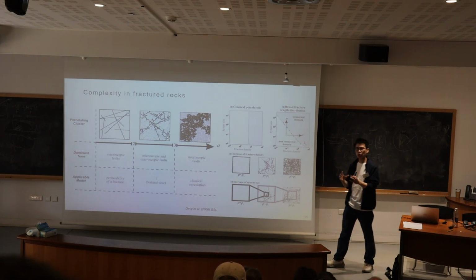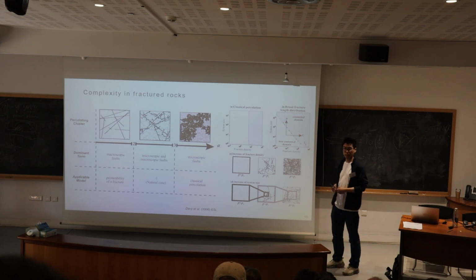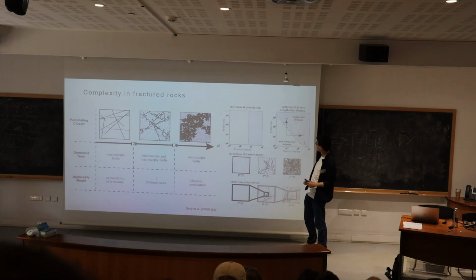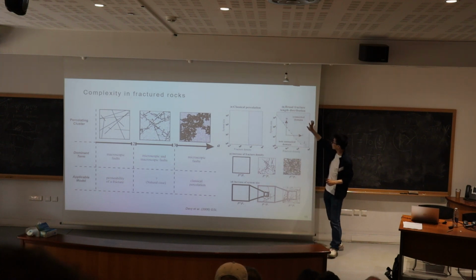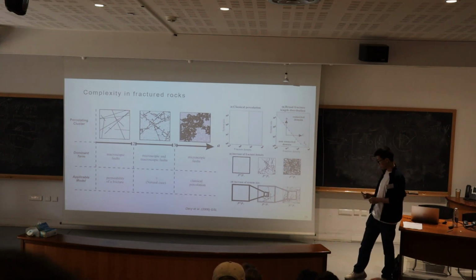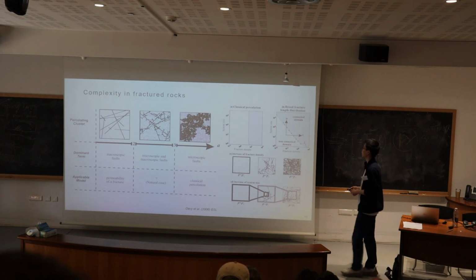We have to be careful with the constraint of the application domain. And because of the complexity of the fracture network, it can also exhibit connected and disconnected regimes. And this has fundamental control on many multiphysical processes in the fractured media.